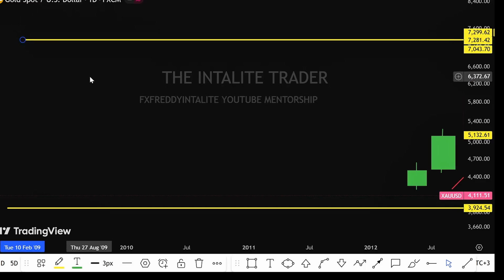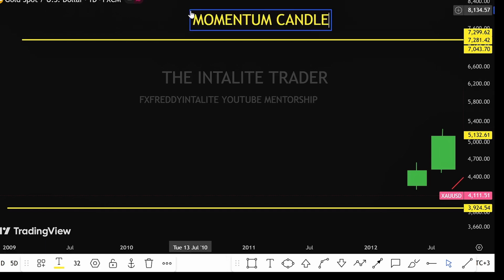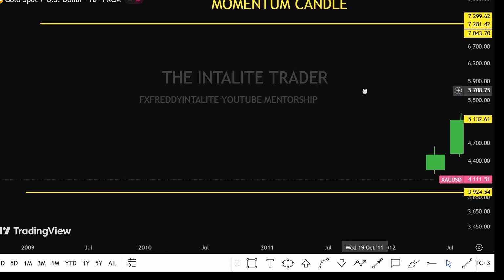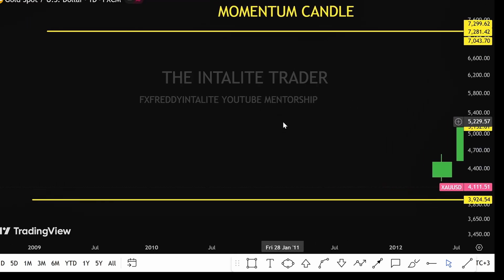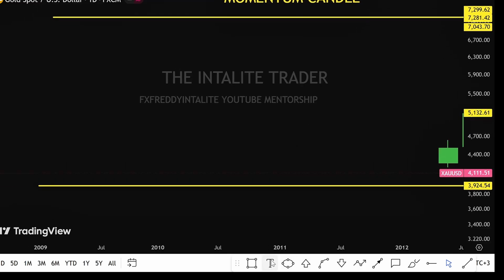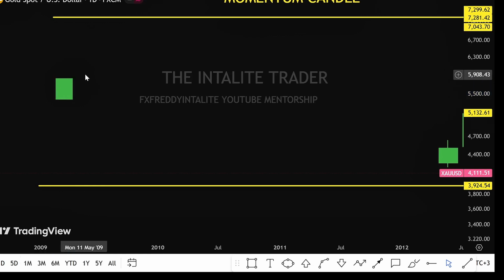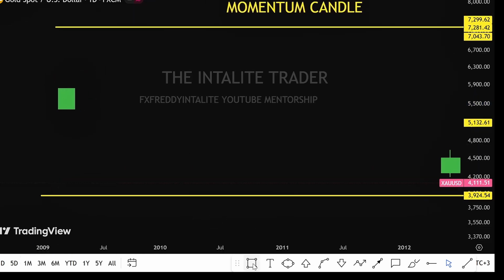The other type of candle that we have to look at is what we call a momentum candle. A momentum candle, just as the name suggests, is one whose body size is bigger than the previous candle. If you remember previously, we said let's say price is in an uptrend, moving up like this.